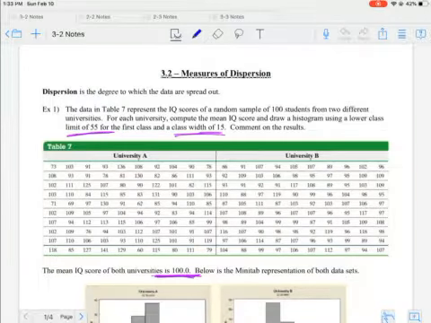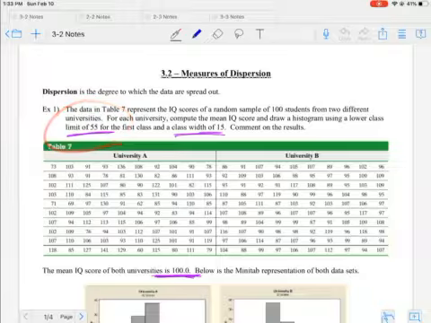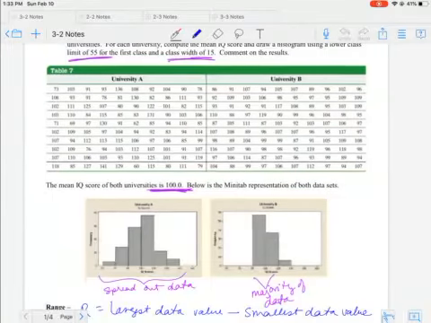So, what dispersion is, as you can read, is the degree to which the data are spread out. The bigger the dispersion, the bigger the standard deviation is going to be. For this particular problem, you can see that there is a lower limit of 55. So that tells me that 55 is your bottom spot there.